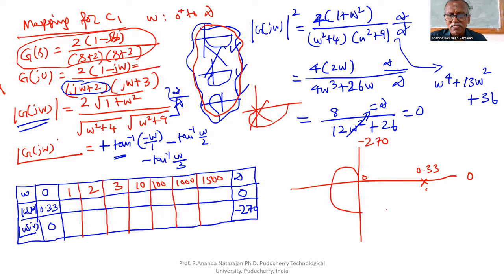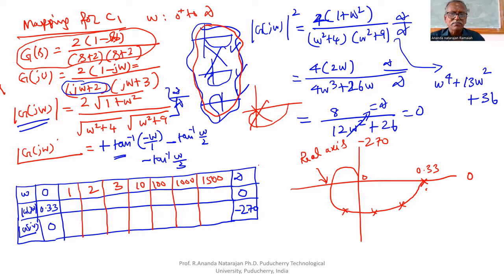That's why it must come like this. These some points you can find from the table. But where it crosses the real axis, that we have to find.